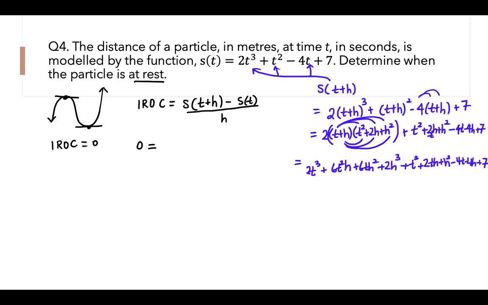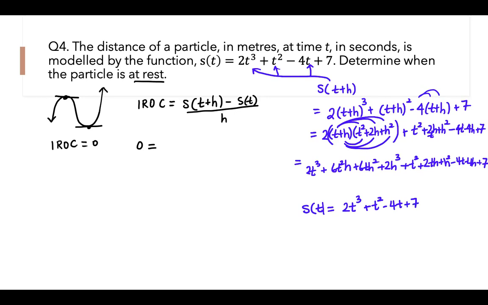And so we could put S at T. Let's plug it in. It's going to be 2T cubed plus T squared minus 4T plus 7. So it's going to look exactly the same.